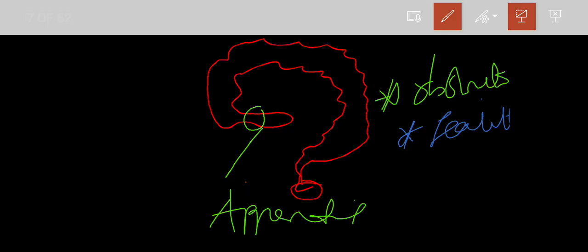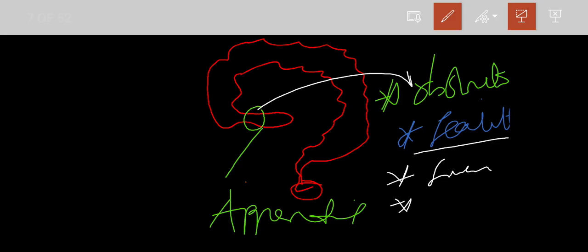Once this lumen is obstructed, that's what we mean when we say the major cause is obstruction. So if it gets obstructed in case of fecalith or any foreign substance, or it could be parasites, due to these things I've mentioned here, they can clog the lumen of the appendix. Once they clog the lumen, we are going to see what happens step by step in the pathophysiology.